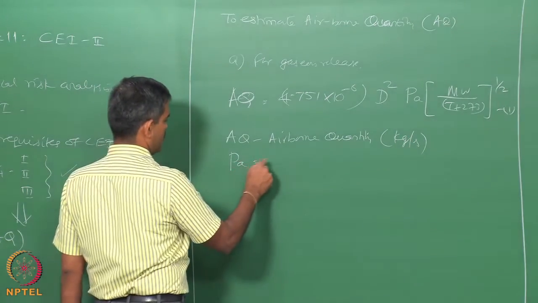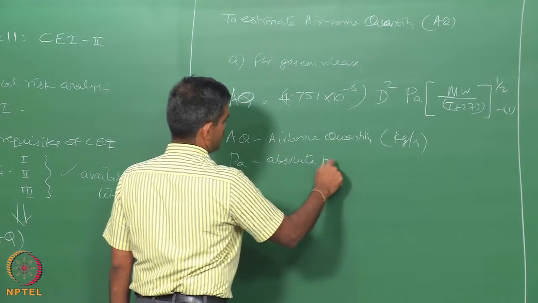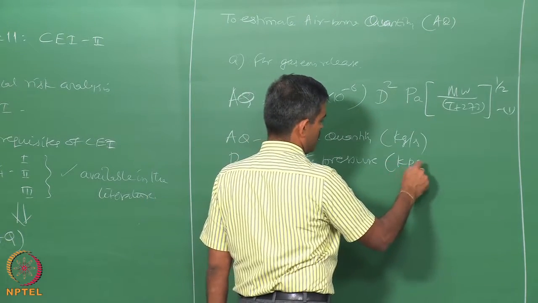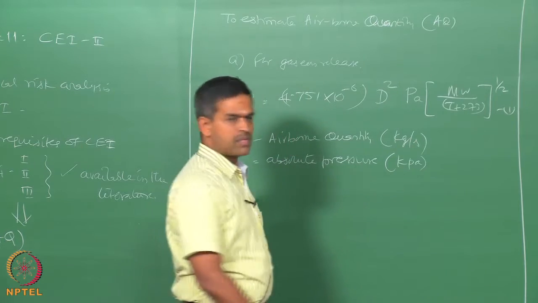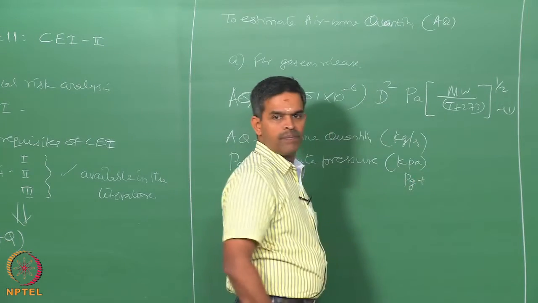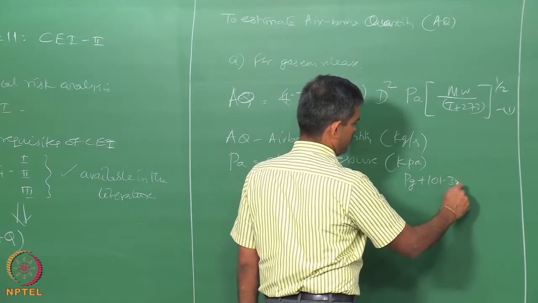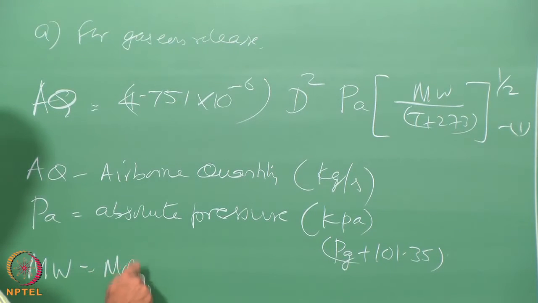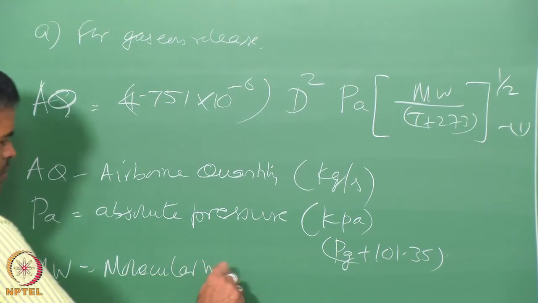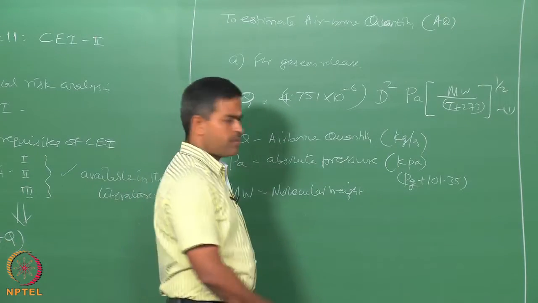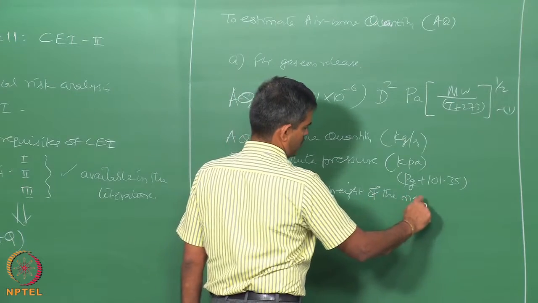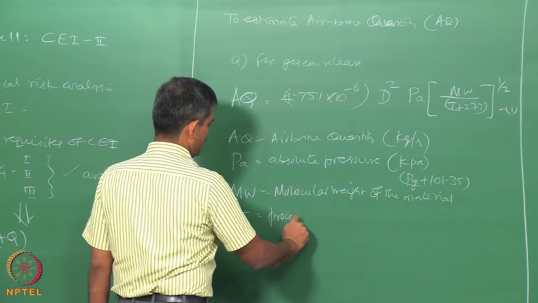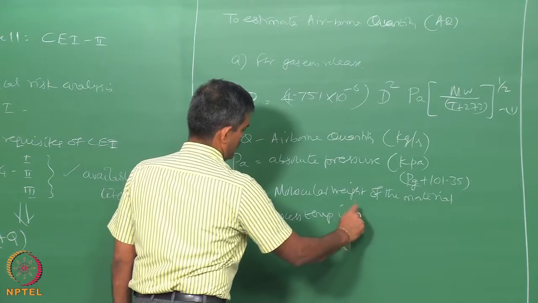P_A is the absolute pressure, which is in kilopascal, which can be the gauge pressure plus 101.35. mW is the molecular weight of the substance, of the material, T is the process temperature in degree Celsius.